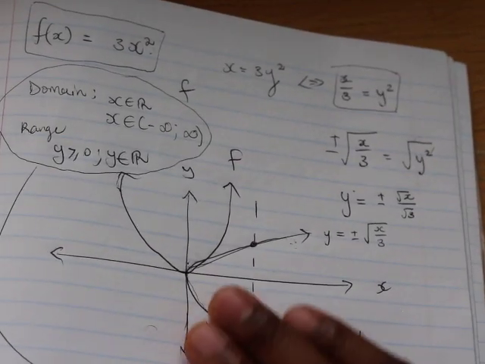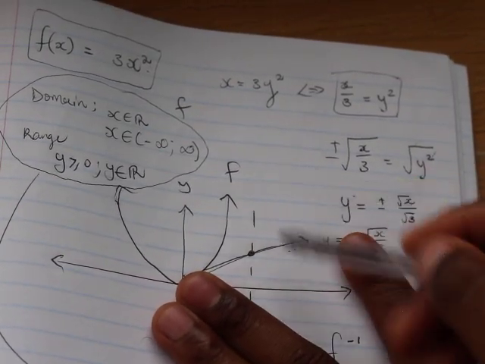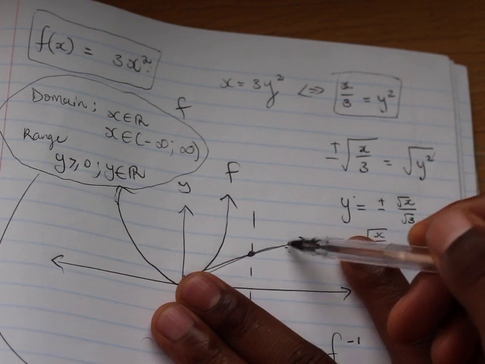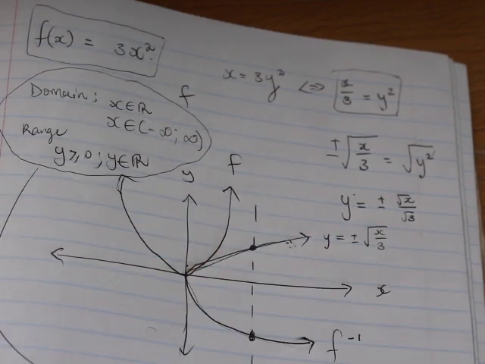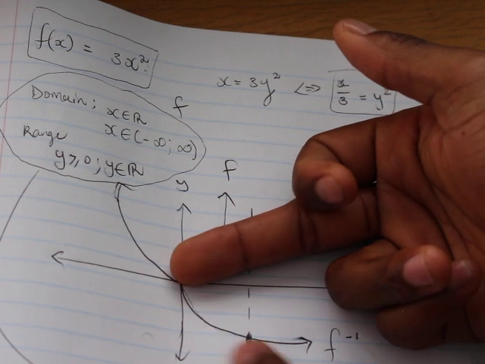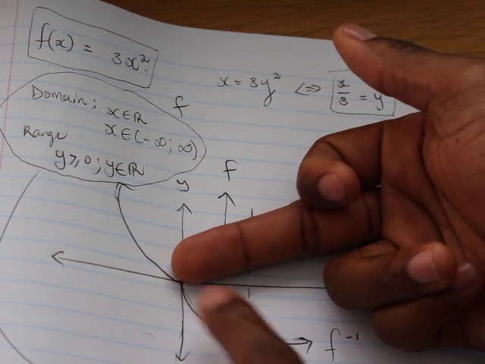Then the vertical line cuts this branch once, so this becomes a function. Or we say, no, we only want to focus on this one, then we restrict the function to only this branch.